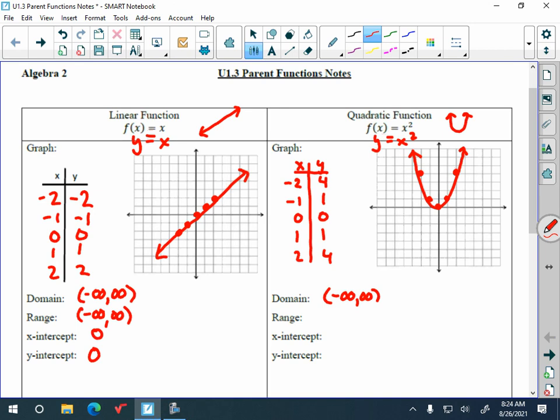Good, 0 to positive infinity, and 0 is going to have a bracket. X-intercept. Where does the graph cross the x-axis? 0. How about the y-intercept? 0 also.